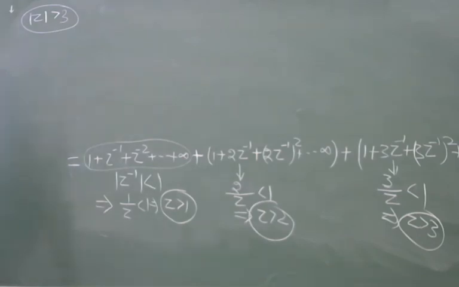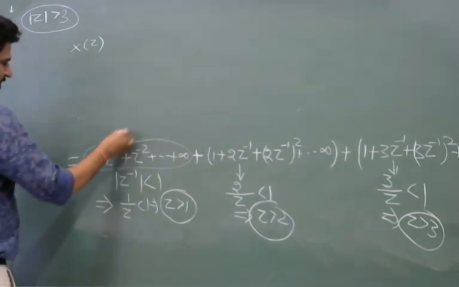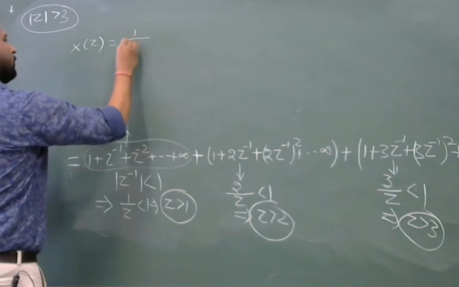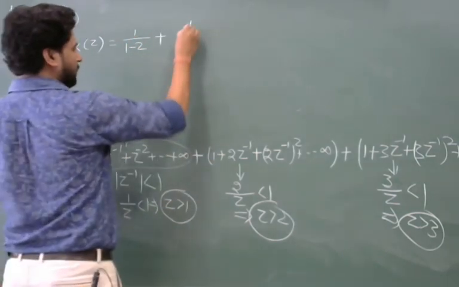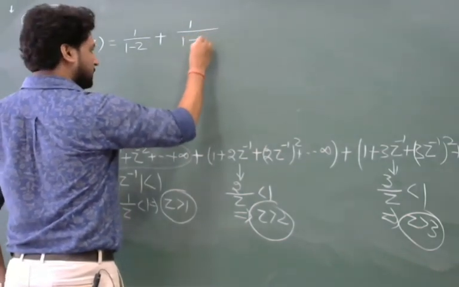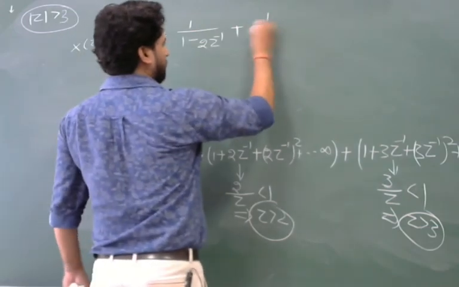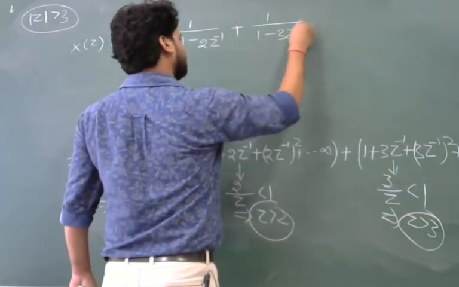To calculate the z transform of this sequence, X of z will be equal to the summation of this series: 1 upon 1 minus z inverse, plus 1 upon 1 minus 2z inverse, plus 1 upon 1 minus 3z inverse.